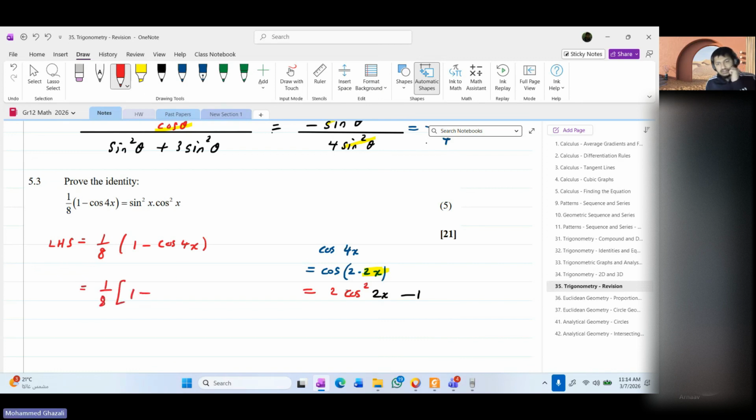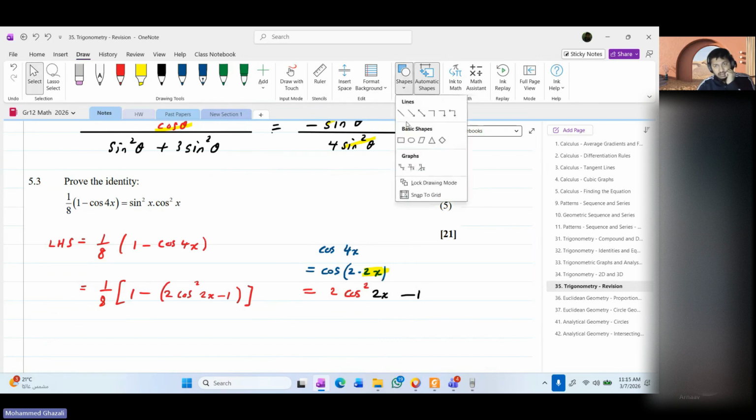What is cos 4x? 2 cos squared 2x minus 1. So I've got this part that I've used inside here, right?